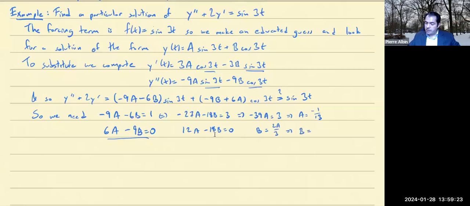So that makes b equal to minus 2 over 39. So success. A particular solution is y of t equals minus 1 over 13 sine of 3t minus 2 over 39 cosine of 3t.